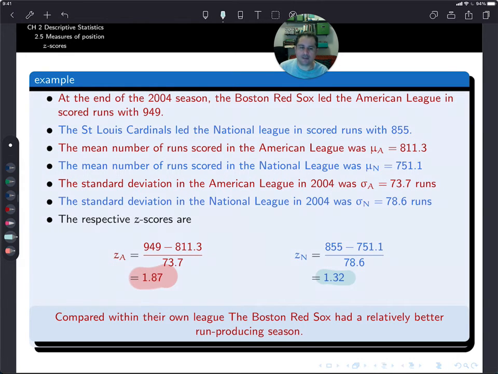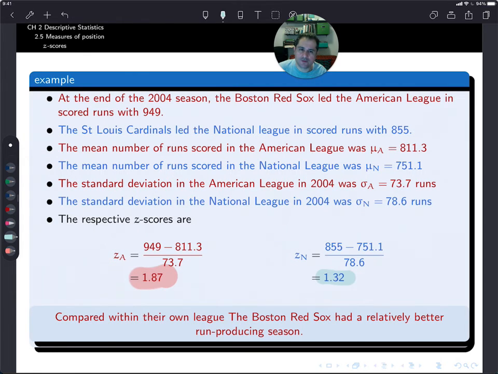So now it's a more fair comparison, among their peers with the same rules. It's still true that the Red Sox are farther removed from the league than the Cardinals, right? So now we can say the Red Sox were a better run-producing, or more offensive, team in that league.